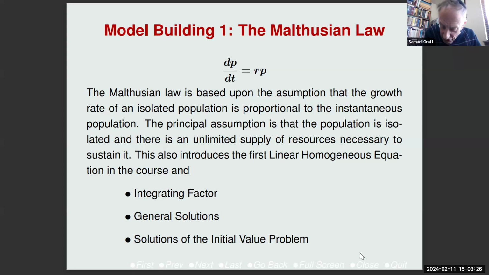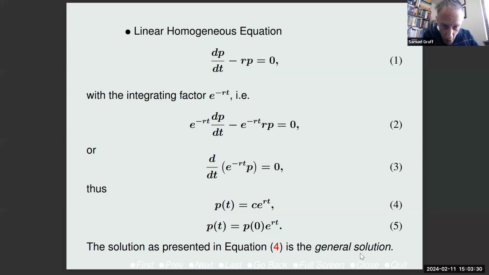There are no surprises here. And what it does do, though, because the differential equation is simple enough, it provides an opportunity to speak about a few things very informally.